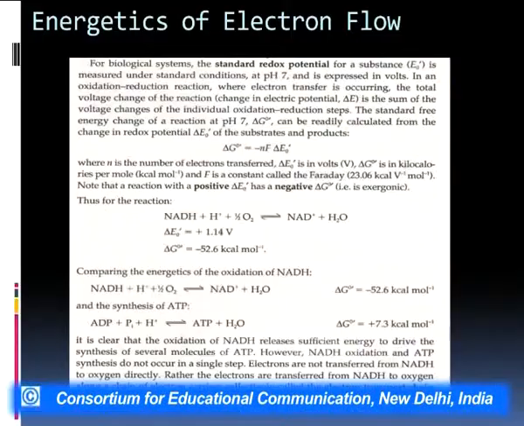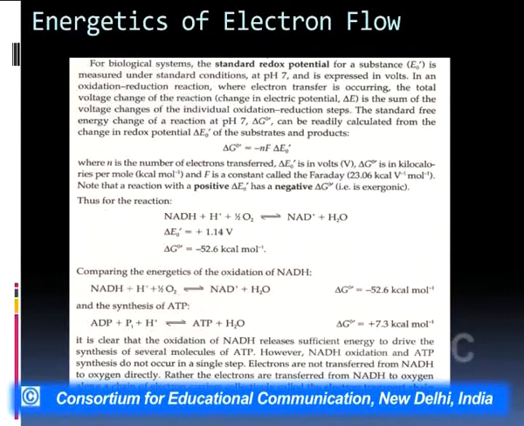If you remember, we discussed at length this concept in the very first episode when we were talking about the introduction to respiration. If we compare this figure of minus 52.6 kilocalories per mole to the actual energy needed for the formation of ATP, which is just 7.3, you remember, we had even modified this figure to 9.5 according to recent findings.